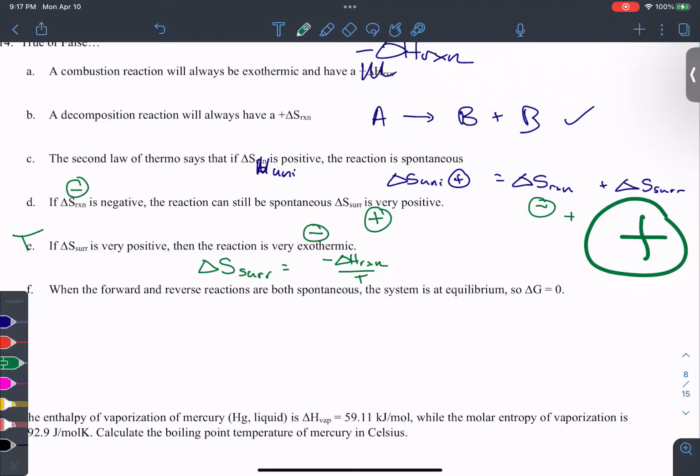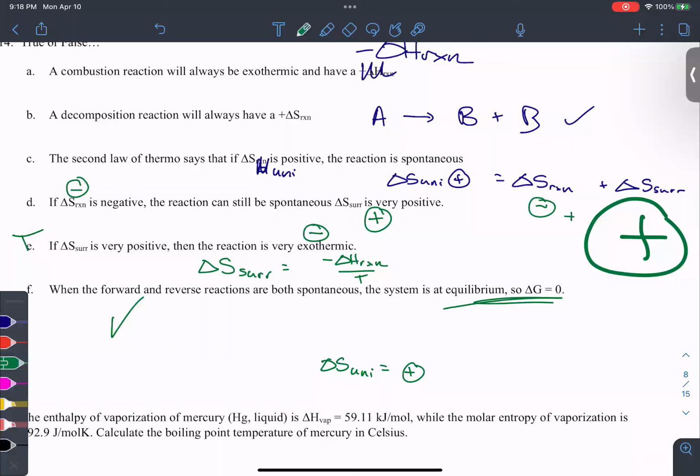When the forward reaction and reverse reaction are both spontaneous, the system is at equilibrium, so delta G equals 0. Yes, this is true. This is actually referring to a system at equilibrium, not delta S universe equals a positive value.